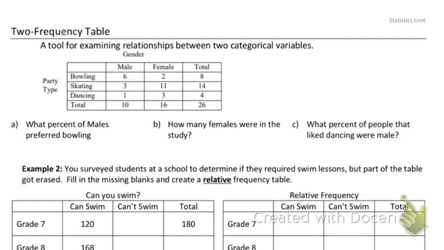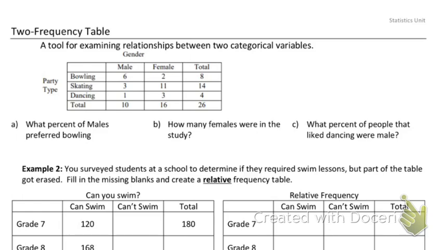I guess they're throwing a party and they want to decide who wants what and where. So let's look at this two-way frequency chart. Whichever direction you go, your very end is your total. So if I look at that 6 plus 2, we have a total of 8 people. And if I go down, 6 plus 3 plus 1 equals a total of 10.